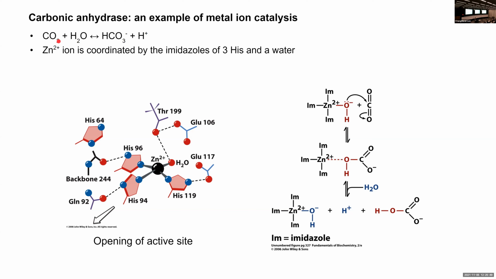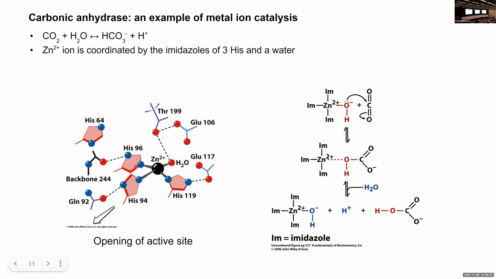So basically, it boosts the reaction where carbon dioxide and water molecules react to each other to form carbonic acid. And in here, this carbonic anhydrase requires a zinc ion, which is sitting right in the middle of the active site.